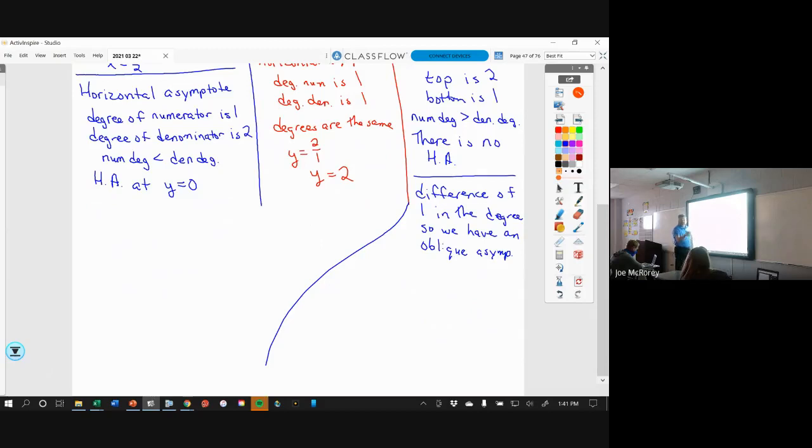Okay, what was the numerator? X squared plus 1, divided by denominator x minus 2. We're going to do long division, and we're going to throw away the remainder. Don't even need it. Wait, so is there only an oblique when it has a difference of 1? Yes.